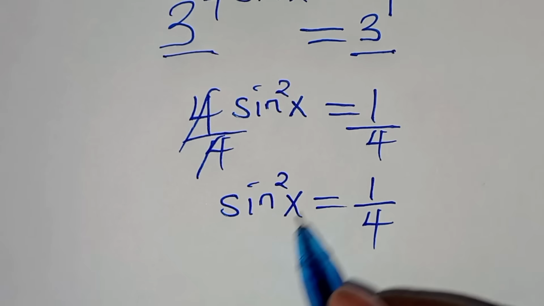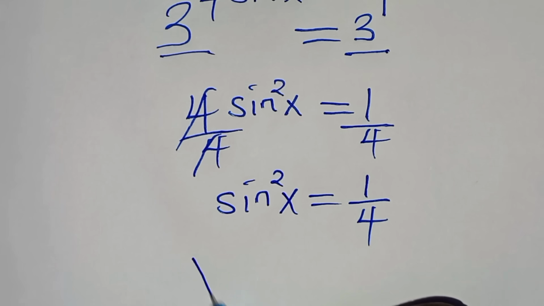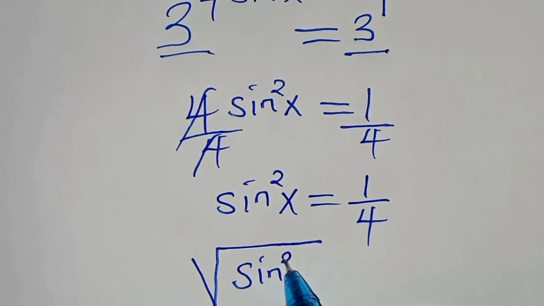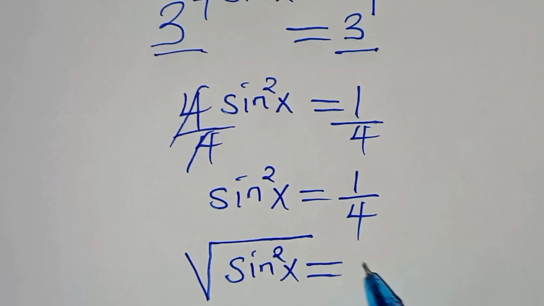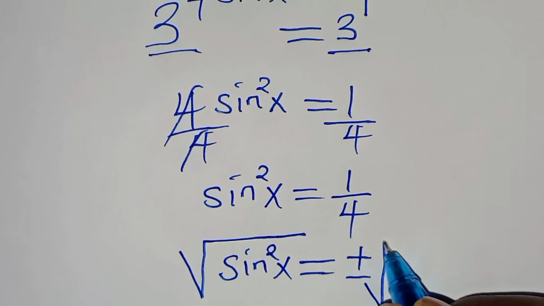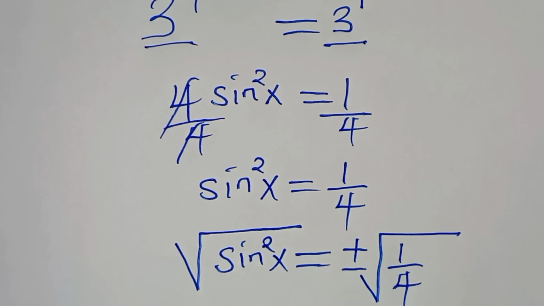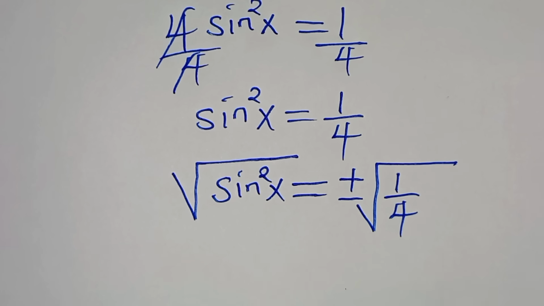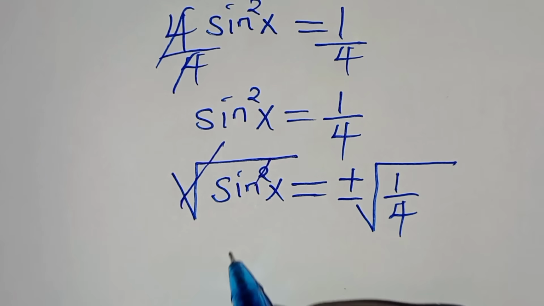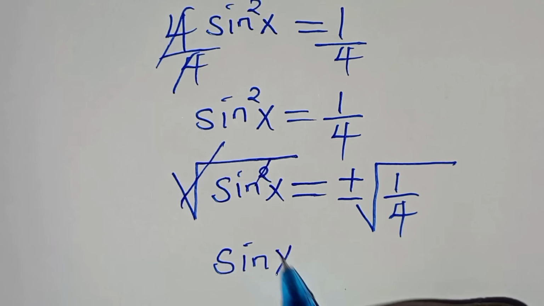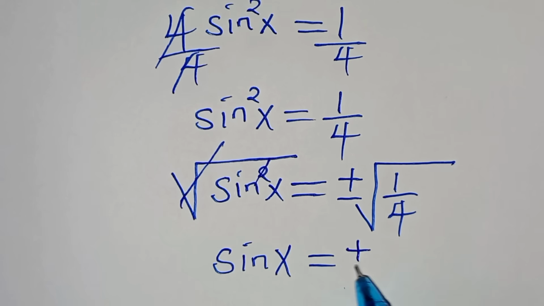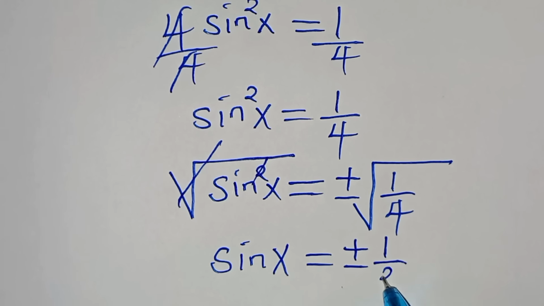So for sine x here, let's introduce a square root on both sides. So this is the square root of sine squared x equal to plus or minus the square root of 1 over 4. Now, let's simplify here. This means that sine x is equal to plus or minus 1 over 2.